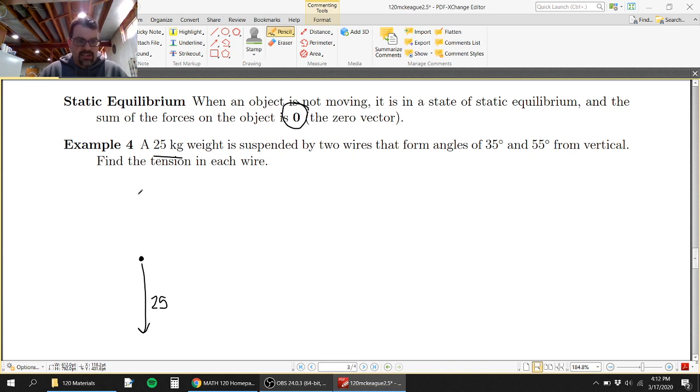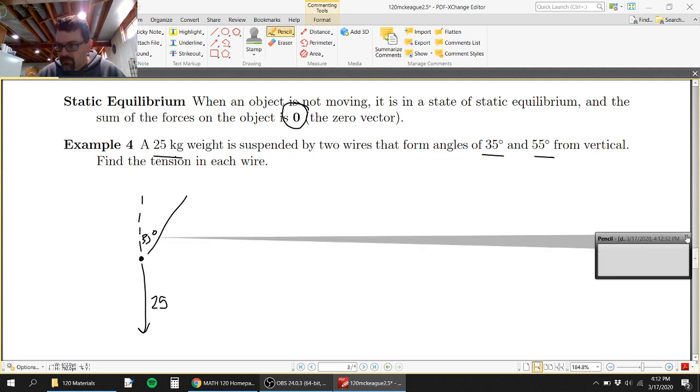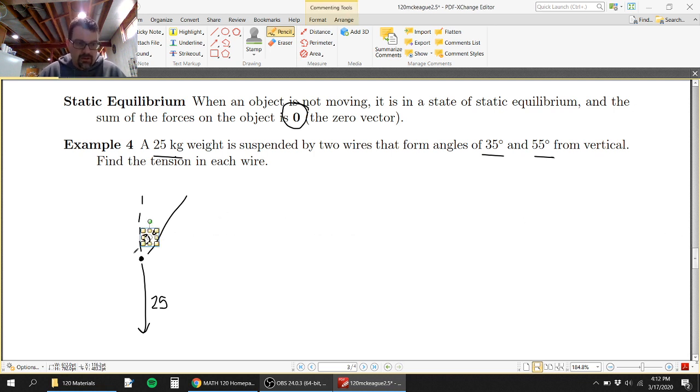And there are two wires attached to this weight, and we're told the angles they form from vertical, like so. One makes an angle of 35 degrees right there, and the other makes an angle of 55, kind of like this.